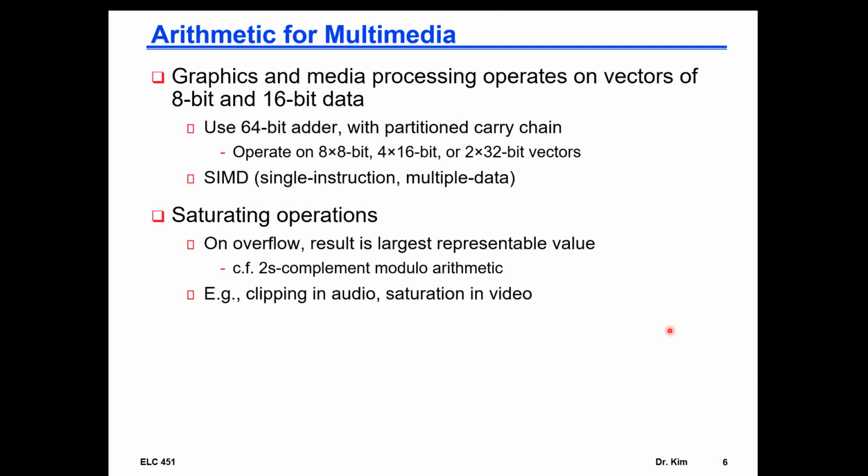On audio, it translates to essentially a pop or a click that you can hear, but it's not terrible. Nothing is going to happen if there is that artifact on what you're listening to. So in multimedia, we have not only the saturation or the overflow being translated to saturation, but also we have the ability to do vector processing on wider number of bit arithmetic units.